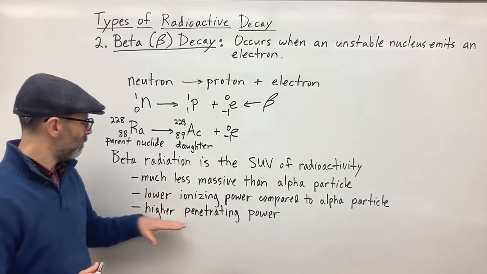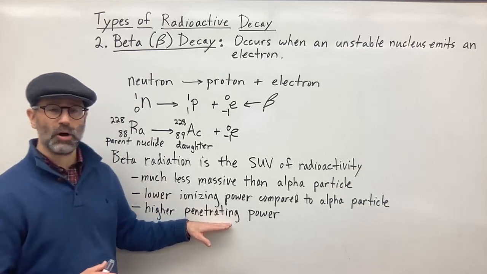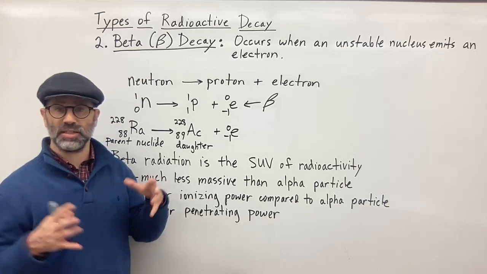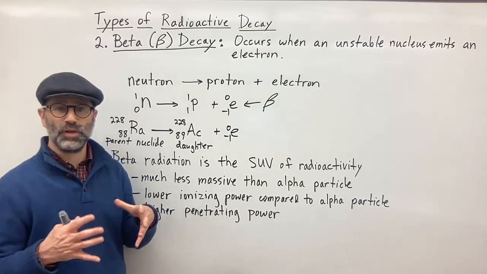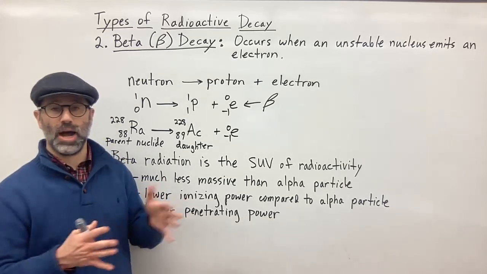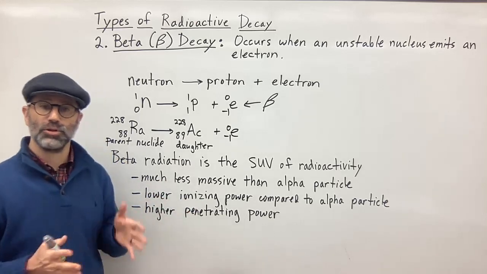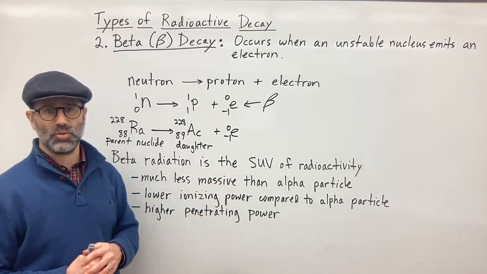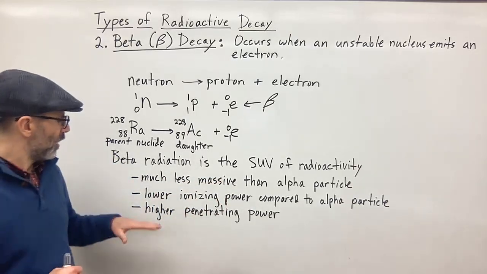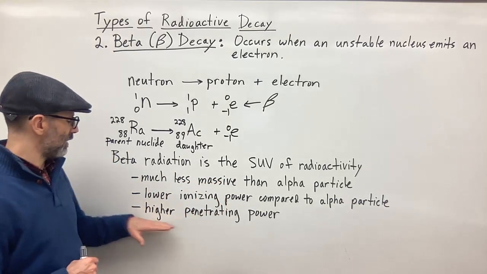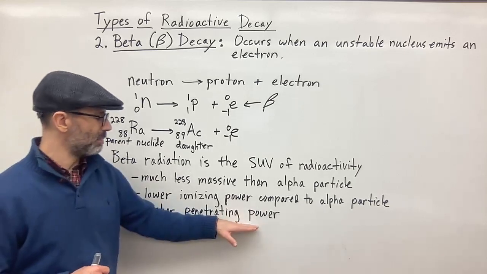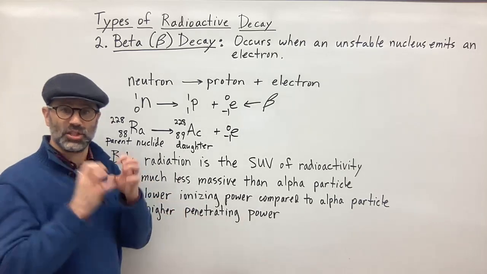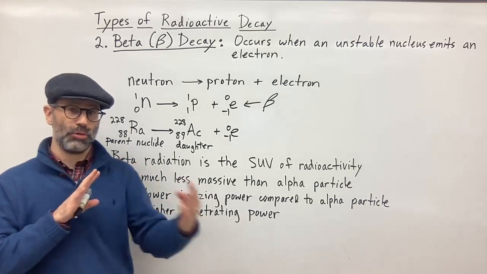But it's going to have a higher penetrating power because it's much smaller. Again using the analogy of being stuck in traffic, an SUV is going to be able to get around and get through traffic a lot more easily than, say, a large 18-wheeler truck. So we can say that it's going to have a higher penetrating power. It's going to be able to penetrate further into matter because it's a smaller particle and it can go through.